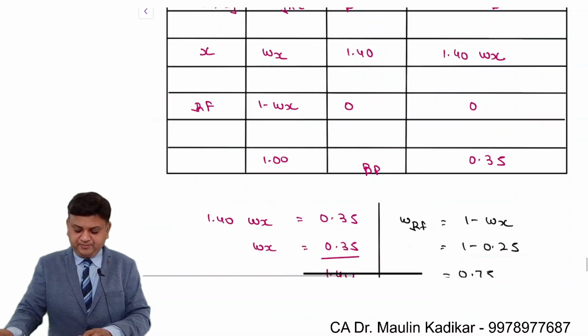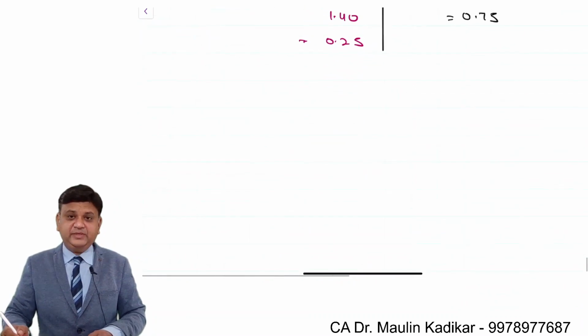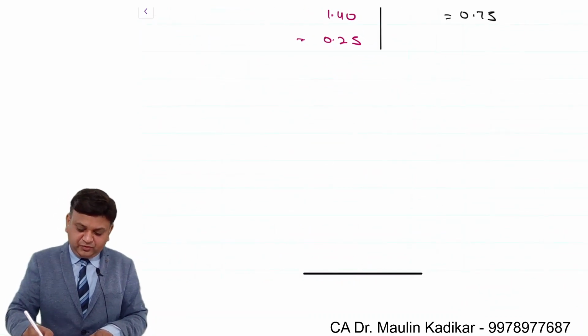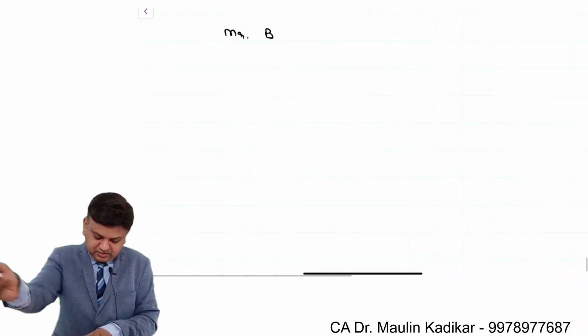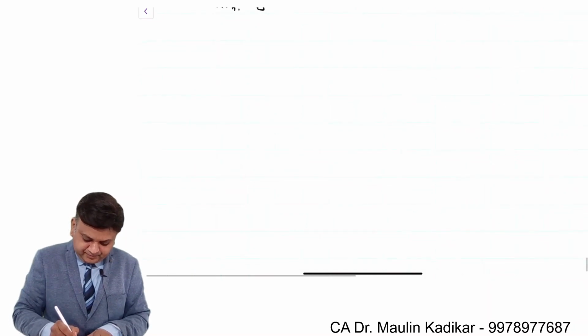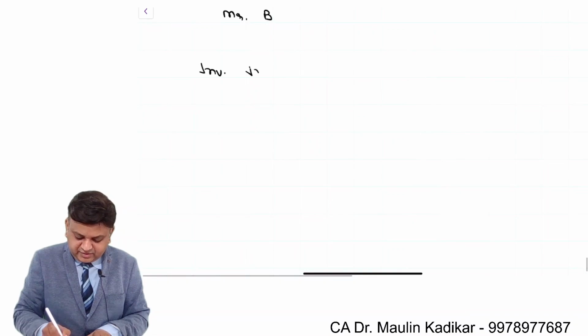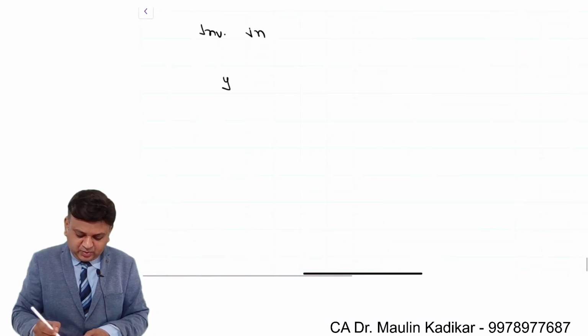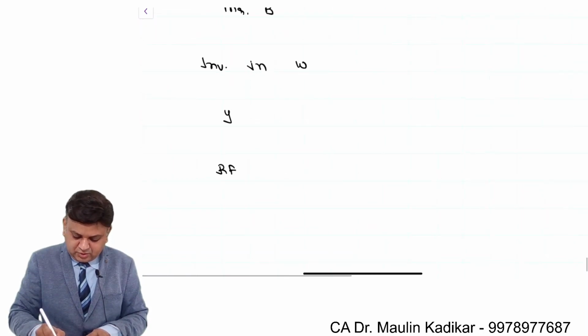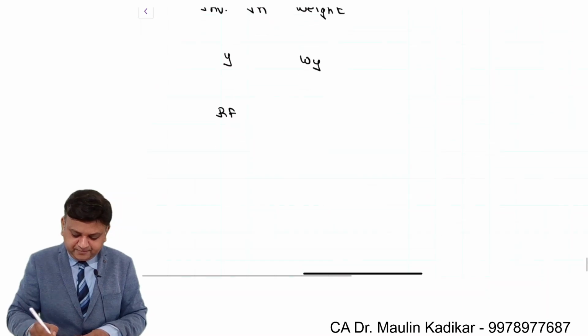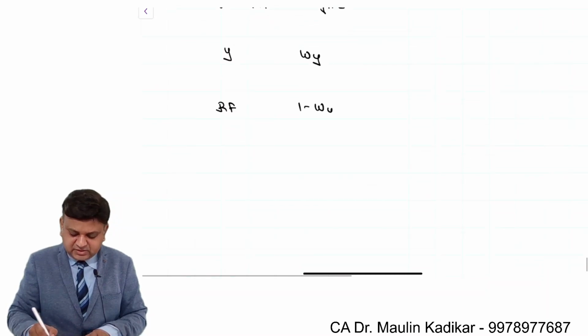Whatever we have done for Mr. A, similar to that we will do for Mr. B. So for Mr. B, let us work out the answer. In that case, investment is made in security Y and in risk-free security. The proportion in which the investment is made is WY, and this is 1 minus WY.